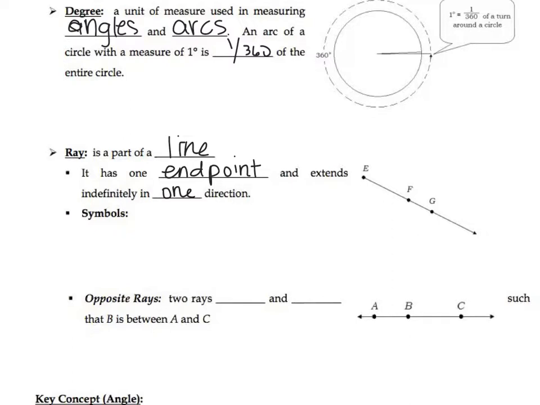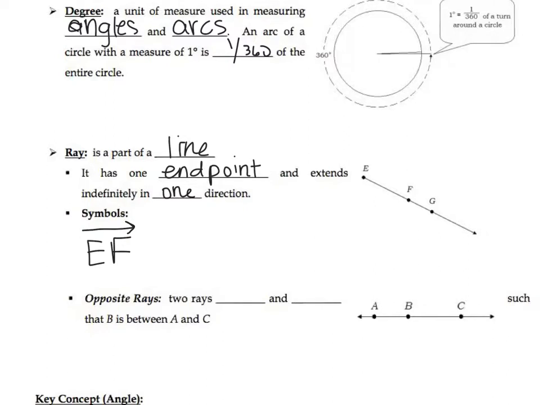When we name a ray, we always start with the endpoint. Unlike a line, where we can start with any point on that line as long as we have 2 of them, with a ray we have to start with the endpoint. So I can name this ray E and then another point on the ray. So EF works, and then the symbol for a ray is like a segment in a line.